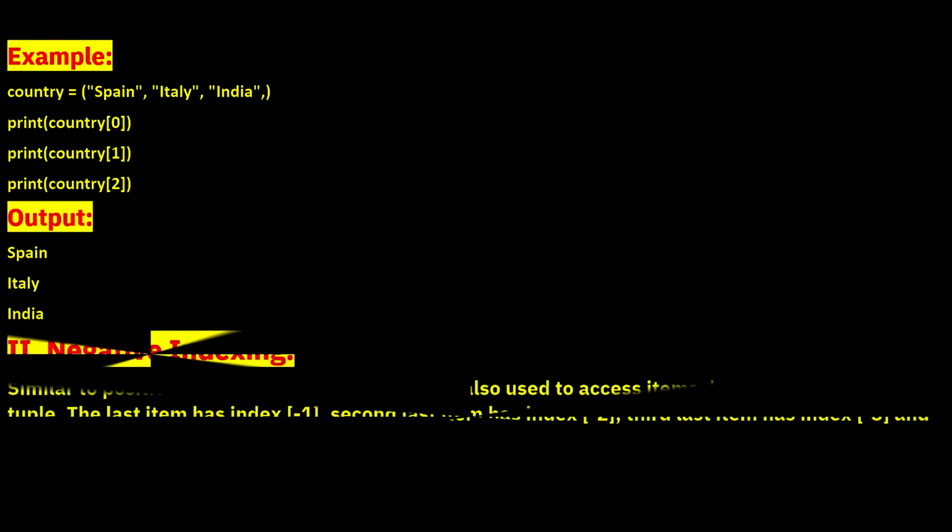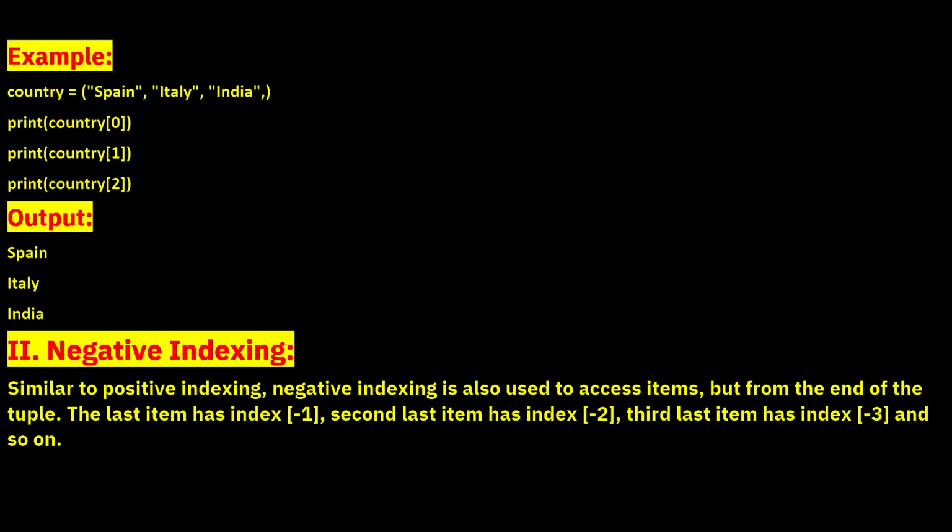2. Negative indexing. Similar to positive indexing, negative indexing is also used to access items, but from the end of the tuple. The last item has index -1, the second last item has index -2, the third last item has index -3, and so on.